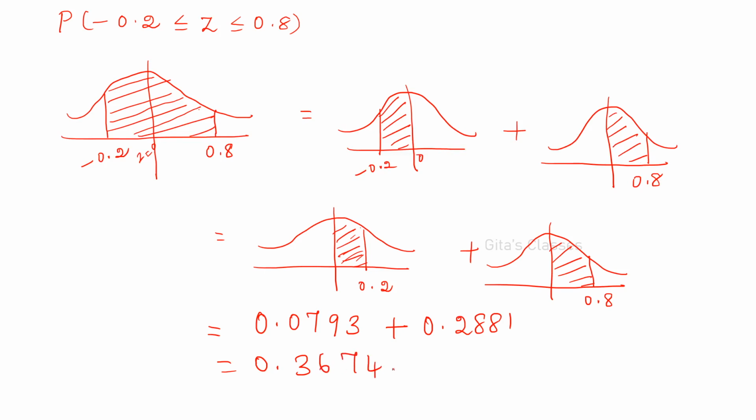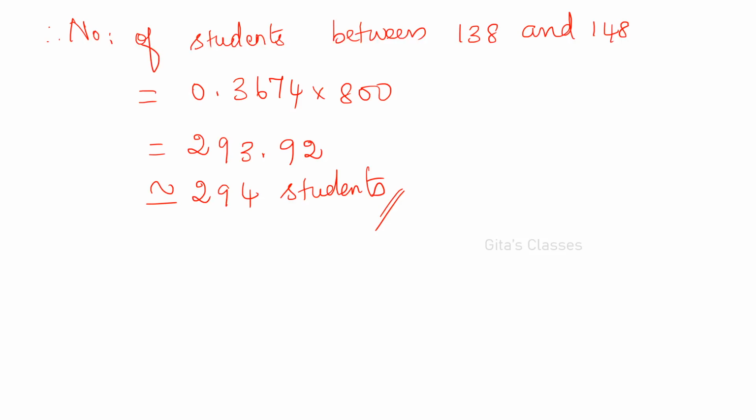When you add this, you will be getting 0.3674. But this is the probability given, and you are supposed to find the number of students out of 800 whose weights are between 138 and 148.